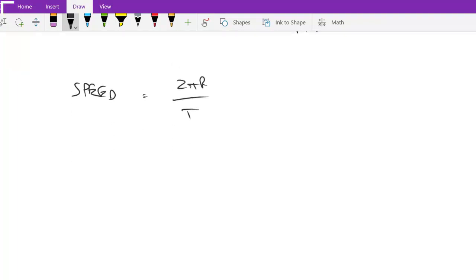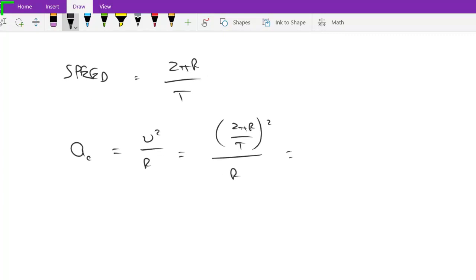So then our centripetal acceleration, or radial acceleration, this was v squared over r. Then this is 2 pi r over T, squared, over r. So this is equal to 4 pi squared r squared over T squared, all over r. This is all over 1.